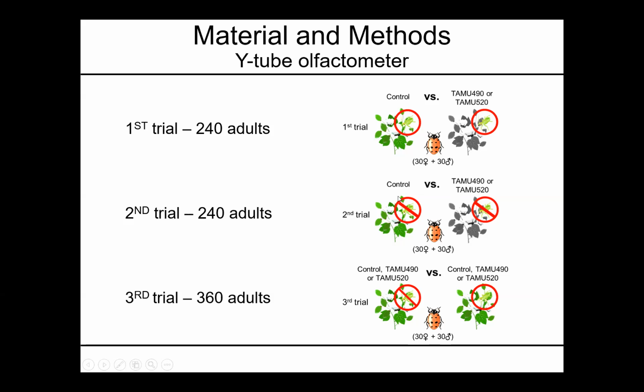In my third trial, it was control versus control, but one plant with aphids and another plant with no aphids. I used the same number of females and males, and I recorded my variables: first choice, latency, and residence time.